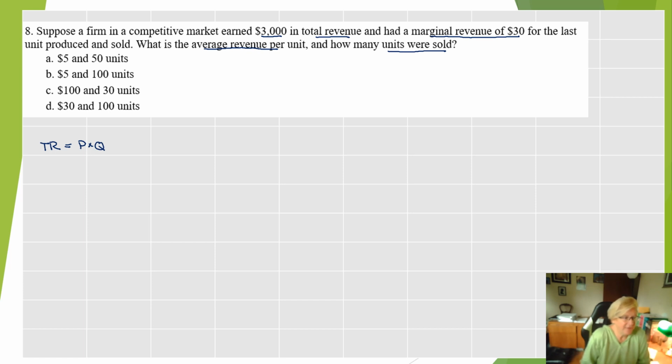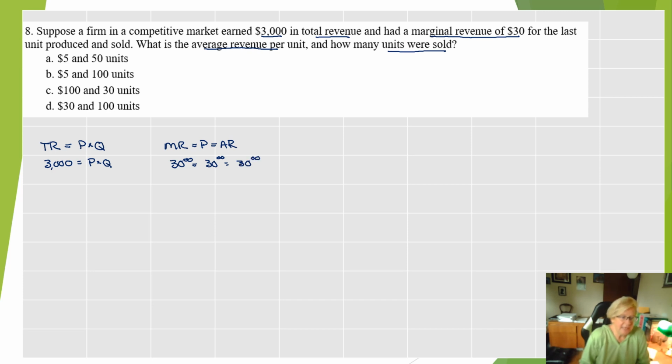We have $3,000 in total revenue equals price times quantity. They also told us we have a marginal revenue of 30. Marginal revenue is equal to price, which is equal to average revenue in a perfectly competitive market. That means the price is $30, and that means average revenue is $30.